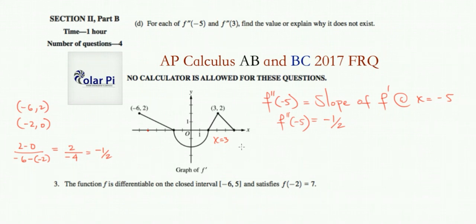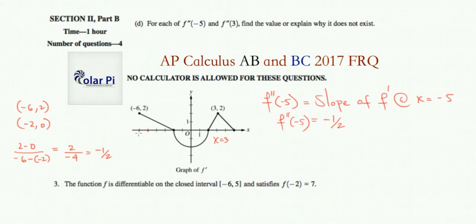And so remember, f double prime in this question is talking about the slope of f prime, right? And in general too, f double prime is talking about the slope of f prime, right? Okay, cool. So f double prime of -5 means the slope of f prime at x equals -5. Well, lucky for us, f prime has a line segment in this part, right?